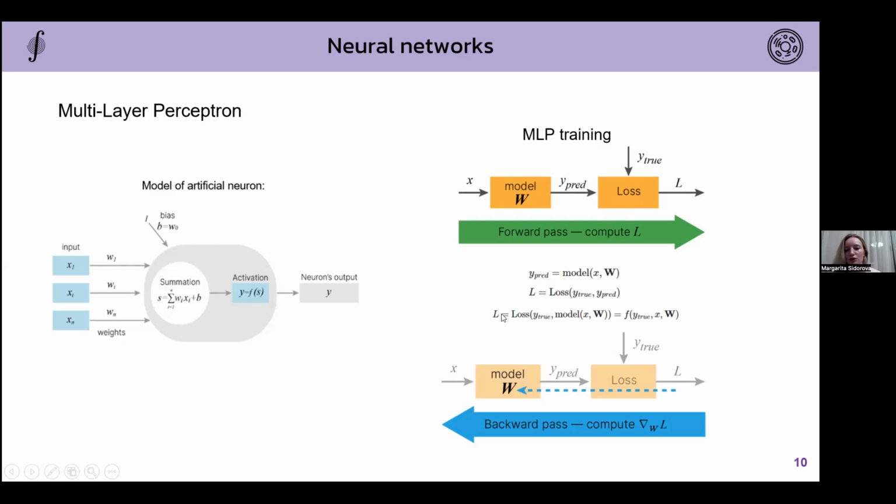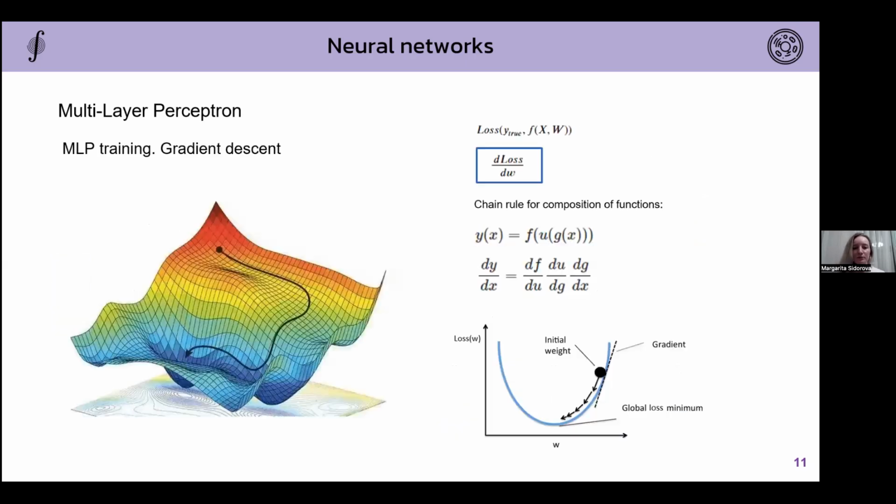So the loss function will be a function of the true values, of the input values, and of the weights. And then during backpropagation, we want to define how we should change our weights to make our predicted Y value more precise.